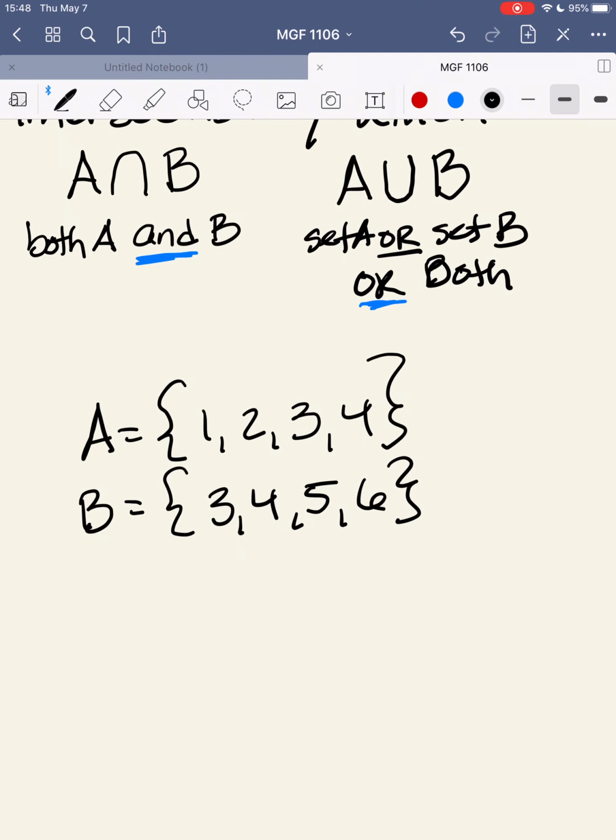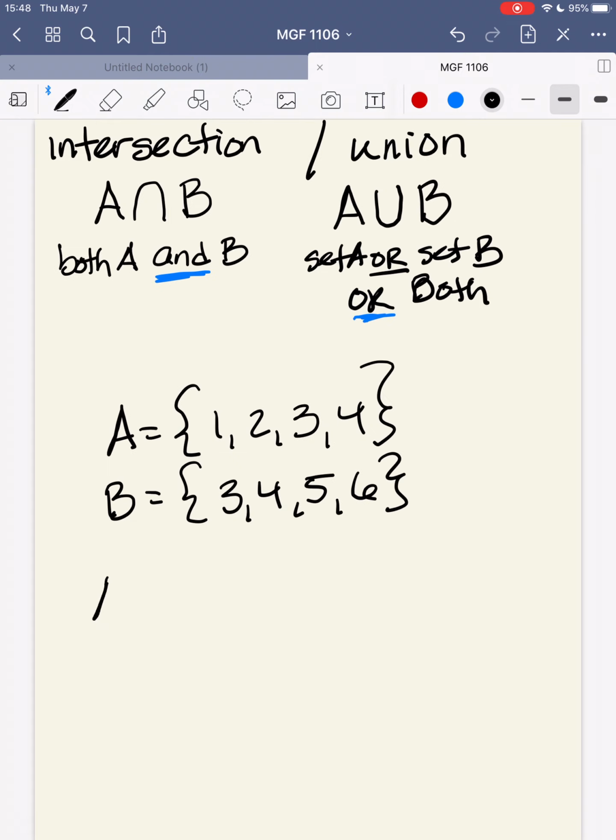If I want A intersect B, or A and B, I want elements that are both in A and in B. So 3 and 4 are elements that are in both A and B. Okay, so they have to be in both. So I have 3 and 4.